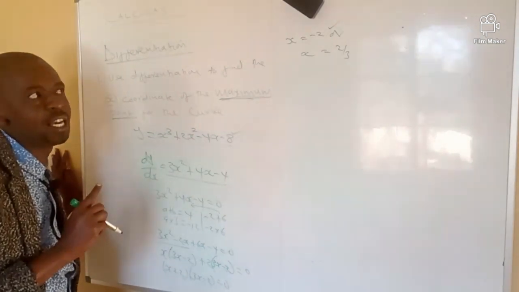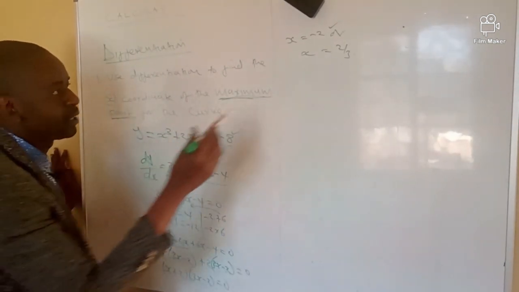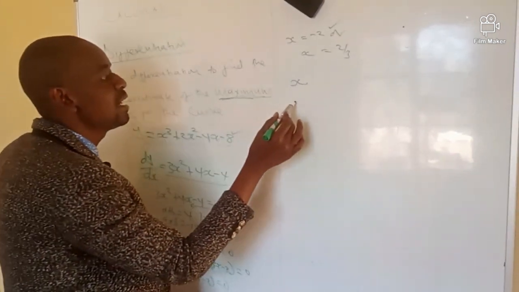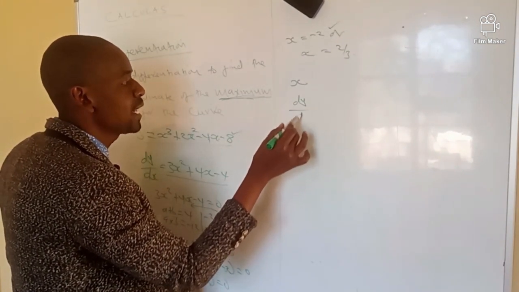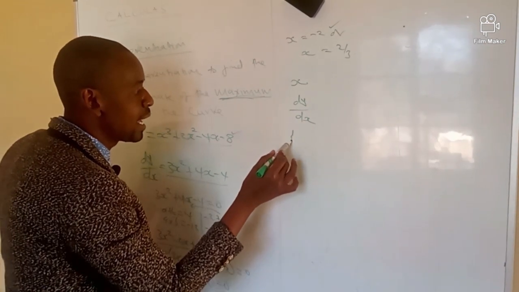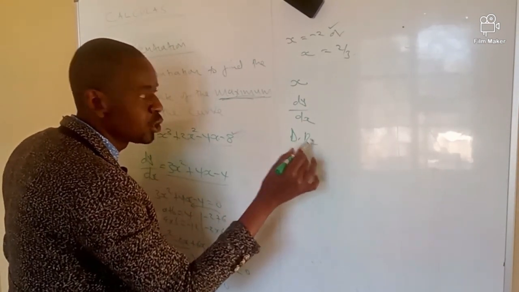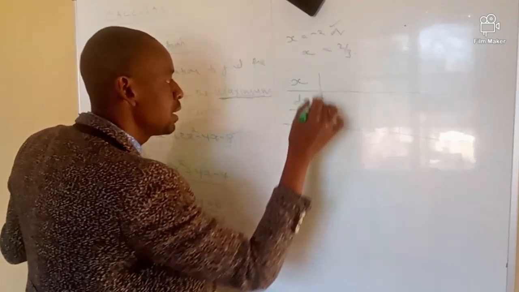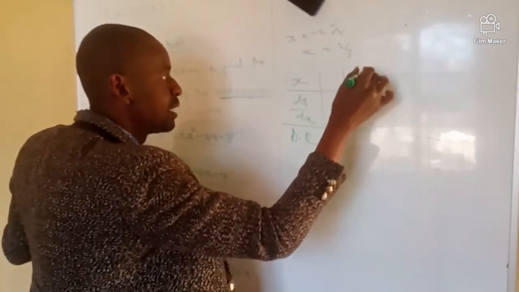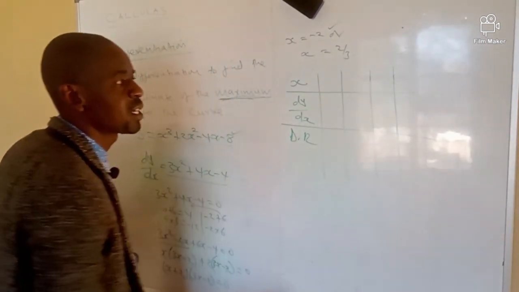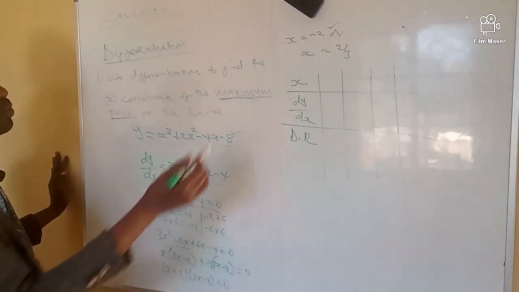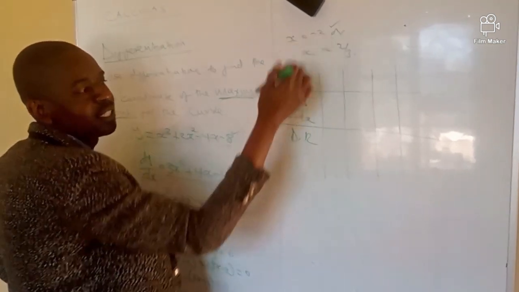Be attentive here, class, that we test with the value of x and the gradient function, which is dy over dx, and then diagrammatic representation, because that is what is going to show us how it slopes, whether the point is maximum or minimum. Now, can we start by testing -2?